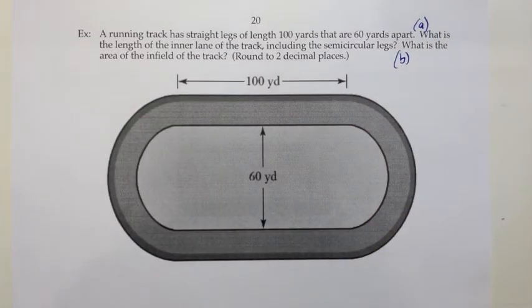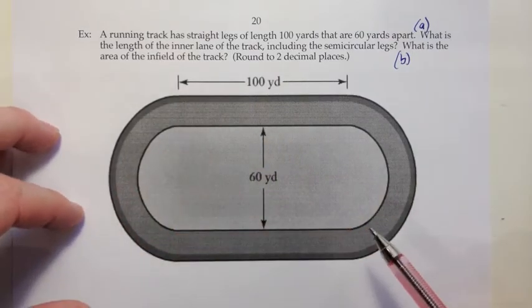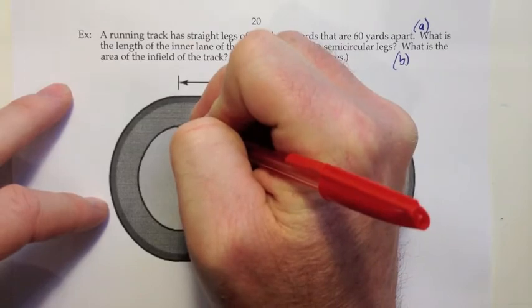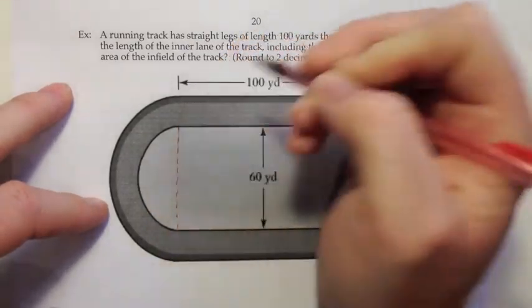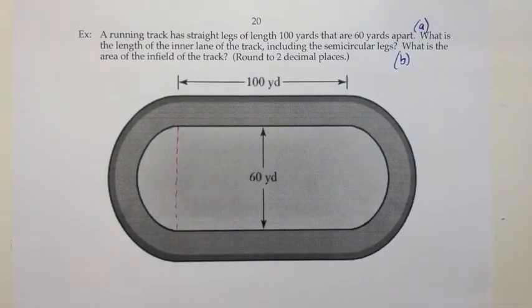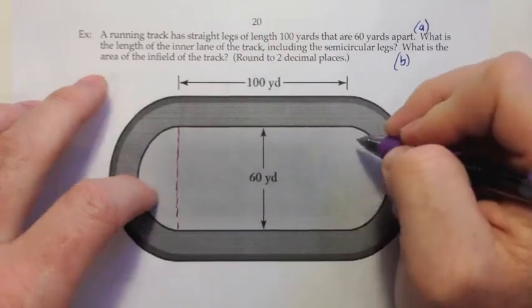So what's the length of the inner lane of the track, including the semicircular legs? They're saying if we were to run around, maybe we start here and run around the whole thing, how far would that be? So let me do some chopping here. I'm going to do a chop right here, which represents this distance of 100 yards on one side and also on the other.